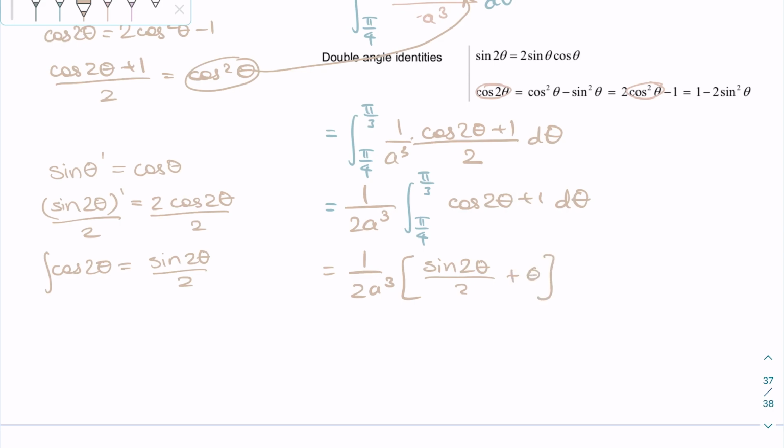So now we can use the fundamental theorem of calculus and substitute the upper boundary into theta, and then subtract the lower boundary when substituted into theta.